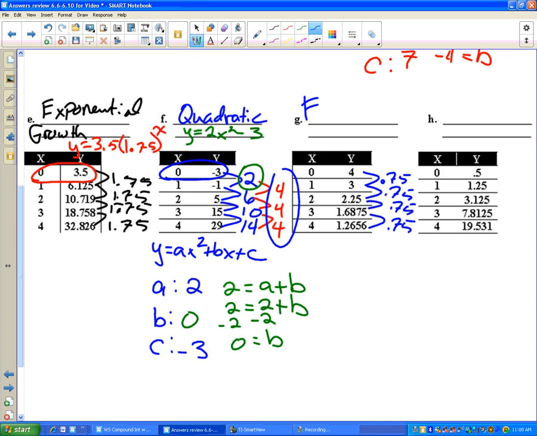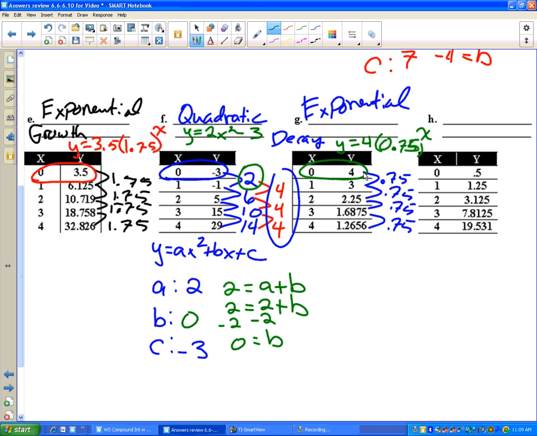That tells me it's exponential. It tells me it's exponential decay because my successive quotient is less than 1. So my equation is y is equal to my initial value, y when x is 0, 4 times my successive quotient, 0.75, to the x power.